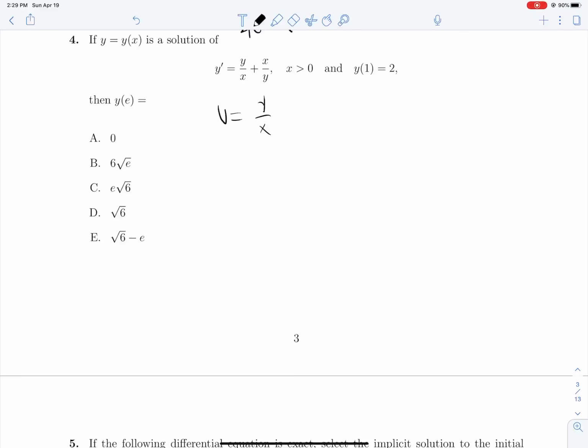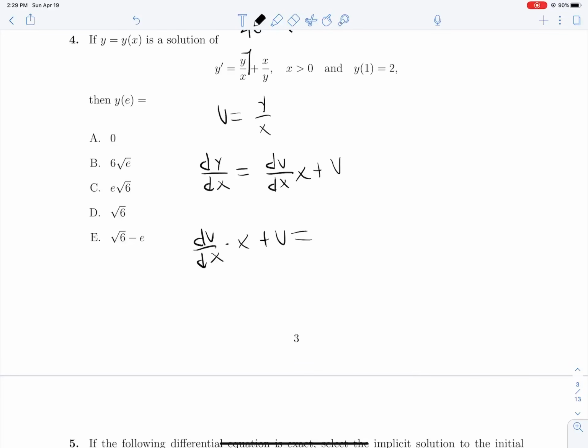You'll have to use the product rule, but you'll find that dy dx is equal to dv dx times x plus v. So we can go up here and replace all of our y's and x's with v's. So our y prime, our dy dx, will become dv dx times x plus v.